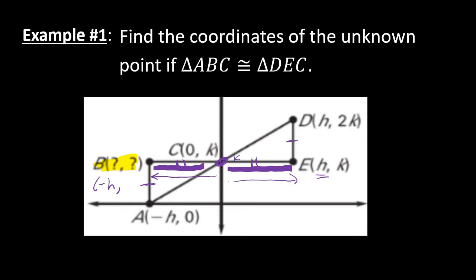So I went up k to get to that point. And since I also went up k to get to point E, that means that I went up k to get to point B. As you do these, there are no actual patterns between problems necessarily. You just have to look at the information you're given and make logical, reasonable conclusions.